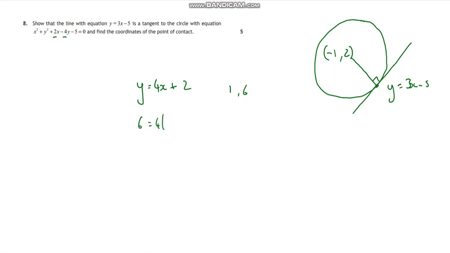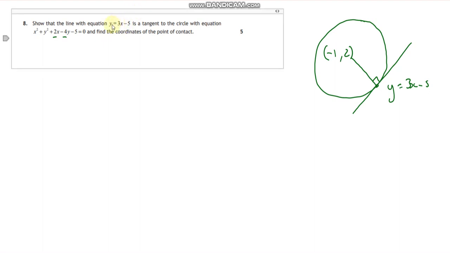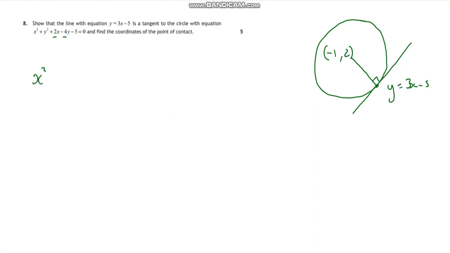Well, 4 multiplied by 1 plus 2, yeah, 6 equals 6, that's fine. So all you're doing is substituting in a point to prove that the equation makes sense. So we're doing the same thing, except instead of a point, we're going to substitute in the actual algebra for it. So if y equals this, I can rewrite this equation without y, but rather in terms of x.